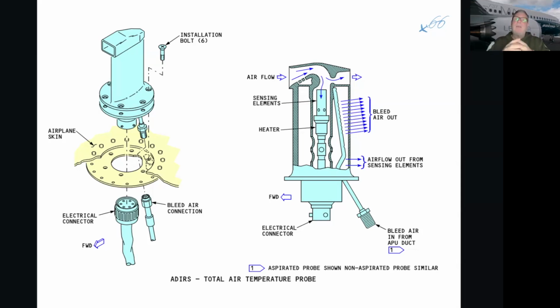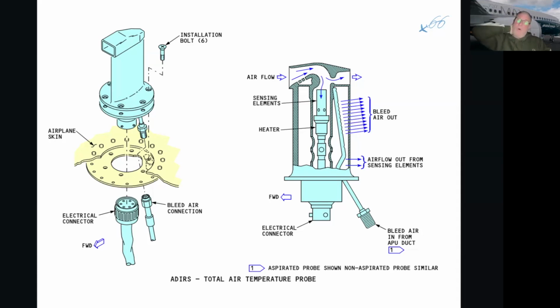Okay, once we know the TAT, we can then calculate the OAT. Even if we lost this probe, I don't know if you remember from your physics from year 10 at school, that the temperature drops, and there is a graph with a known temperature decrease per 1,000 feet as we increase our altitude.